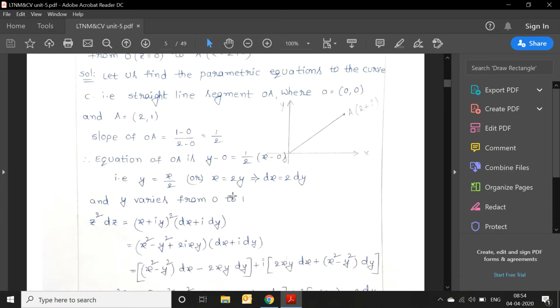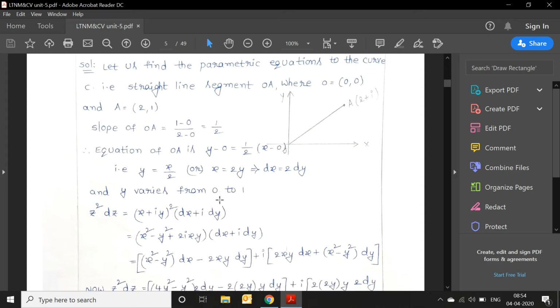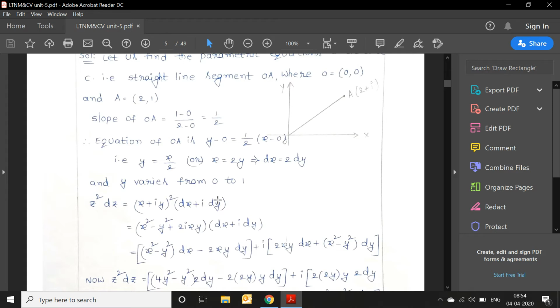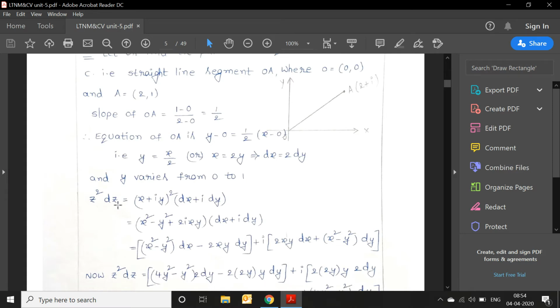So now our total integration changes into variable y. To get the integration of the given function z square dz, substitute all the values for x and y. So z square dz: z is equal to (x plus iy) whole square, and dz is equal to dx plus i dy.